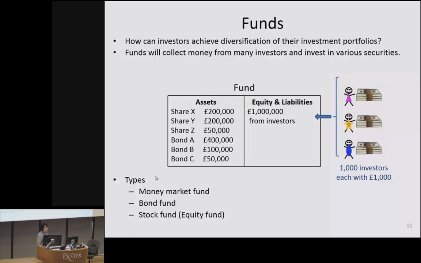You own 0.1% of this portfolio, which allows you to diversify with just £1,000. So buying a fund resembles buying shares of a company that holds various assets, because by buying this fund, you own these assets indirectly. Does that make sense?